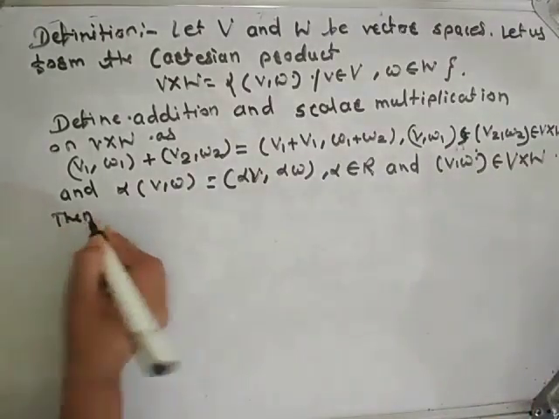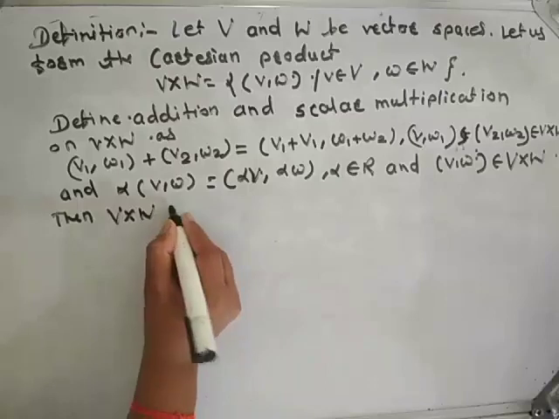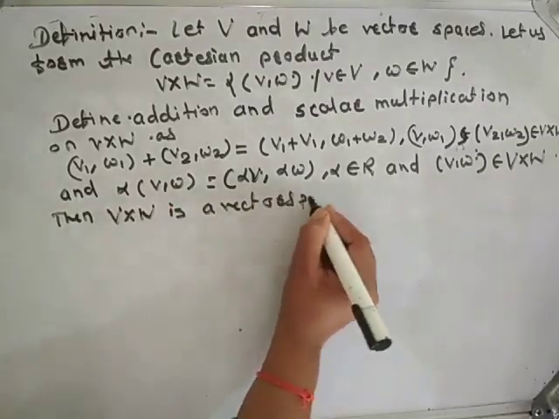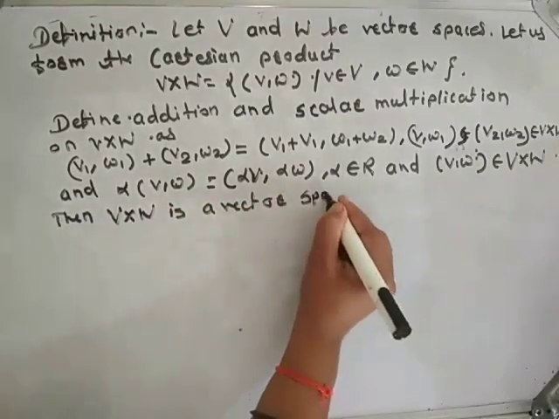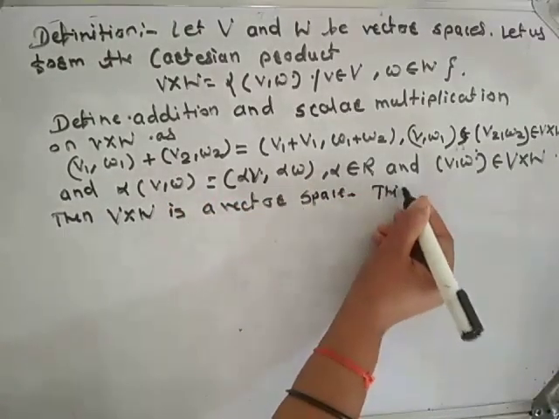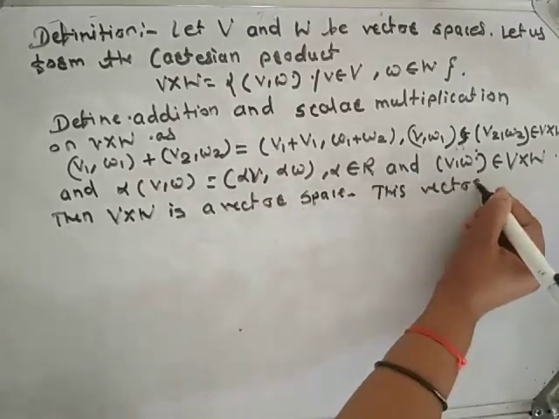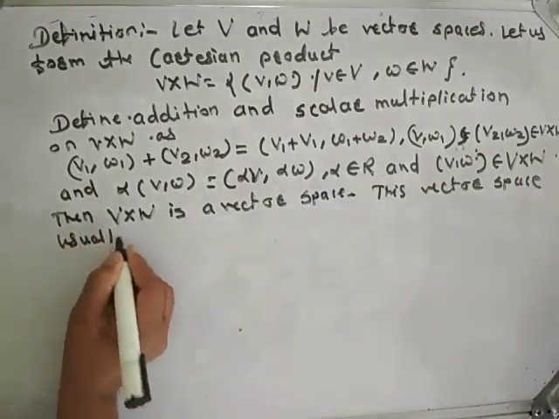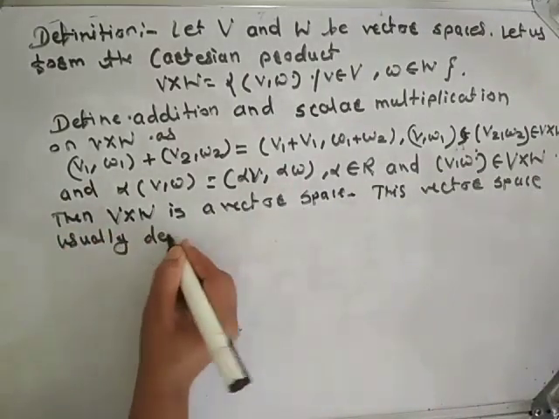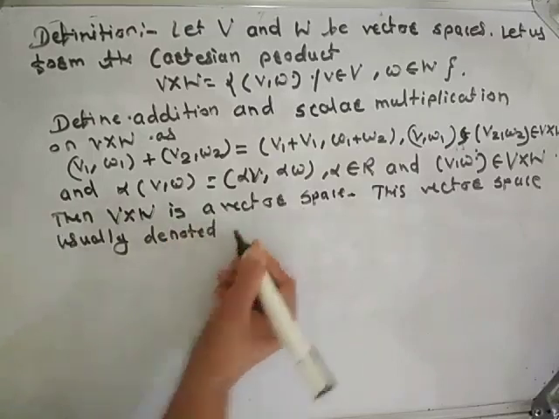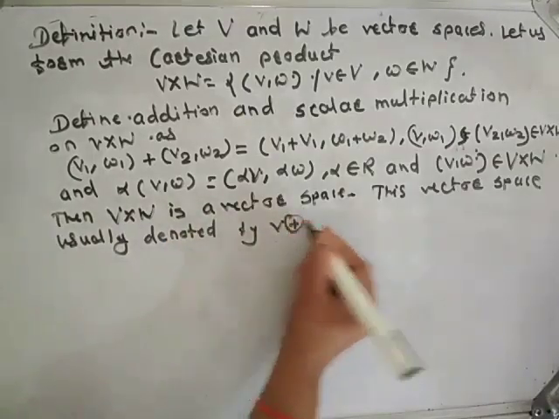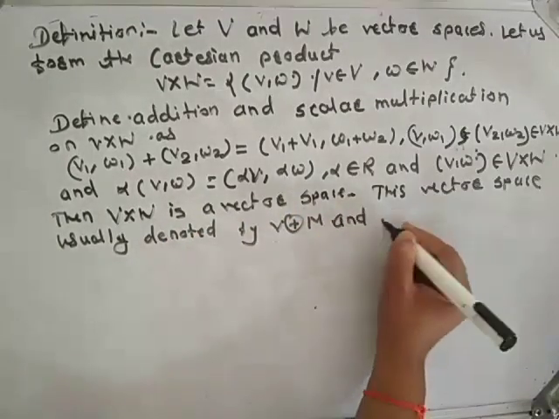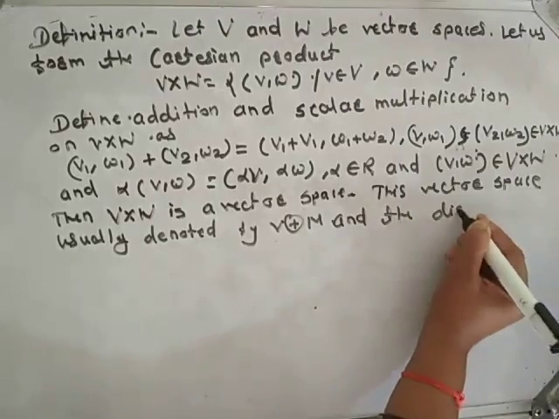Then V cross W is a vector space. This vector space is usually denoted by V direct sum W, and called the direct sum.